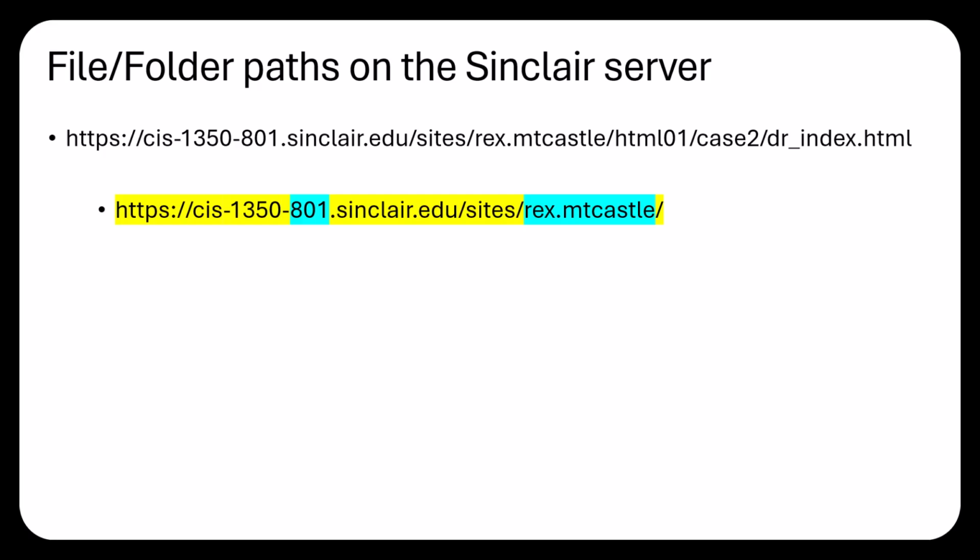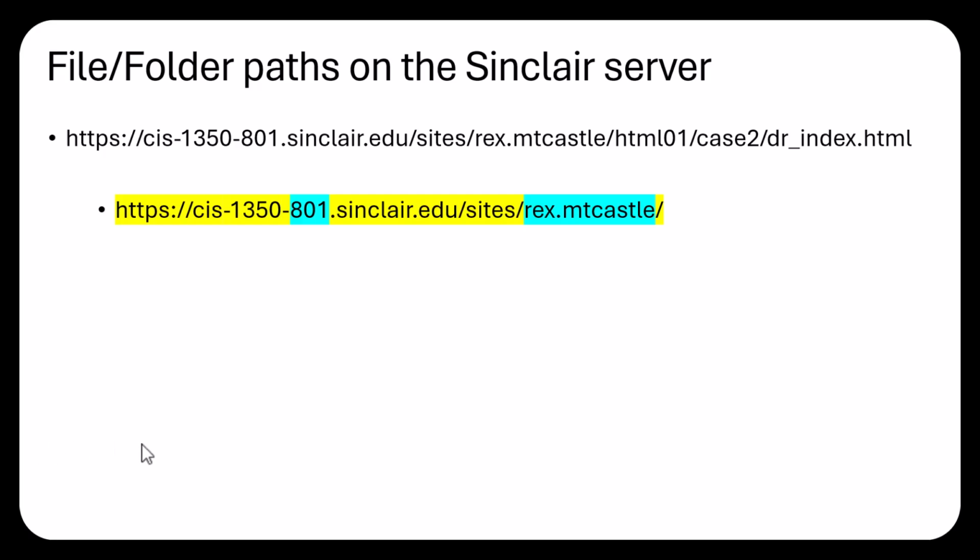And you also remove the rex.montcastle, and you replace it with your username, then you should get to your space on the server. Remember, you have not uploaded any files at this point, so when you go to that URL, it's going to generate an error inside of the browser page.